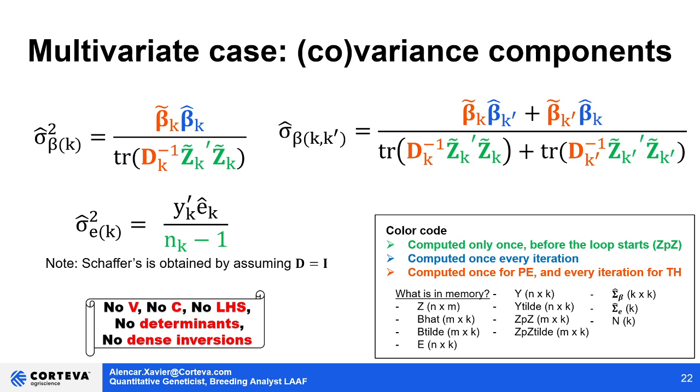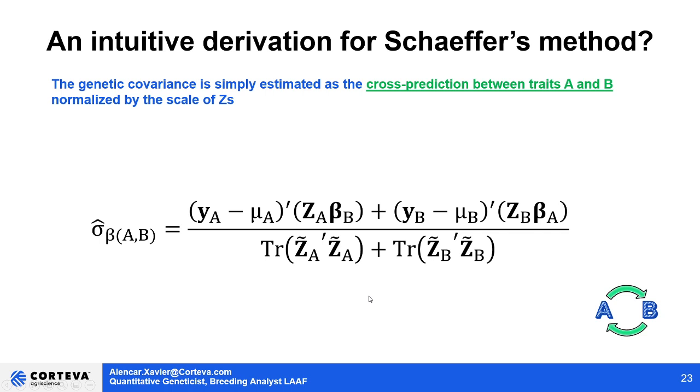The beauty of these algorithms is that we do not have to keep in memory the variance covariance matrix. We don't have to keep in memory the left-hand side of the Henderson equations. We don't have to calculate determinants, and we don't have to do any dense inversions at all.